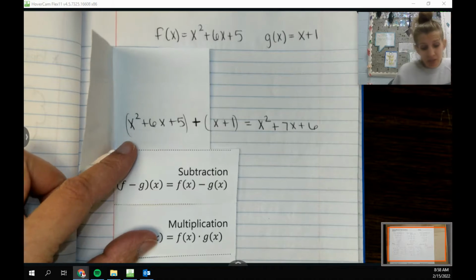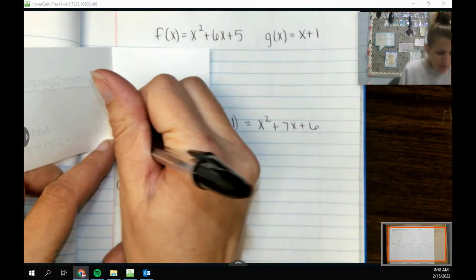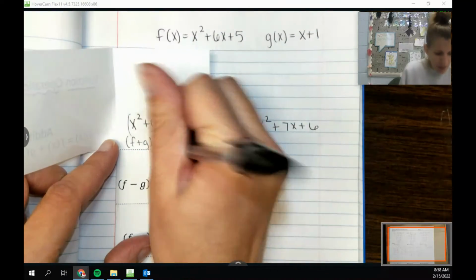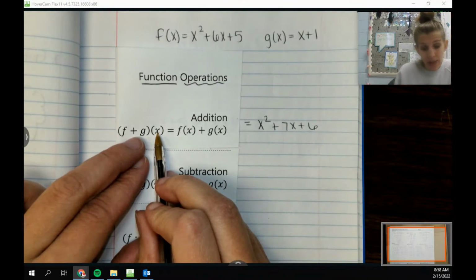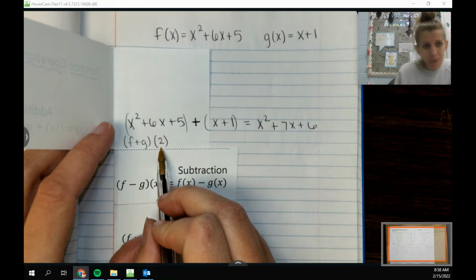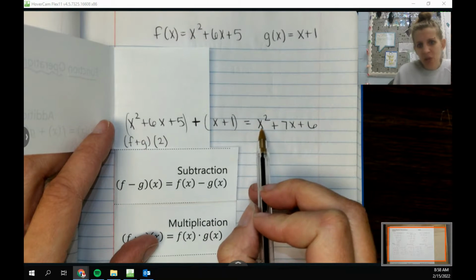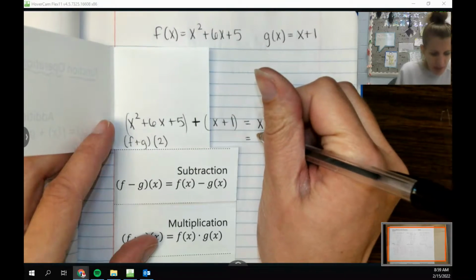Now the other thing that we could do that's slightly different is if instead I had said f plus g of 2. So instead of my input being x, my input is 2. I'm still going to add the functions, and I've kind of already done that, but I want 2 to be my input.